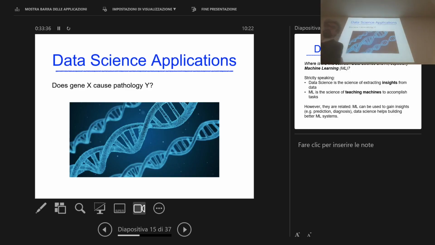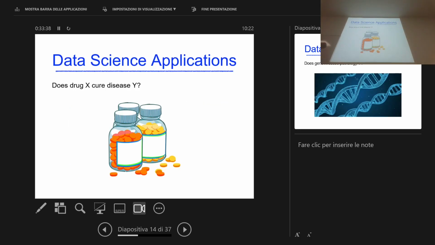And this is subtly different from the kind of machine learning we talked about up to now. This involves understanding the causes of some effects. We will put some emphasis on this later on.